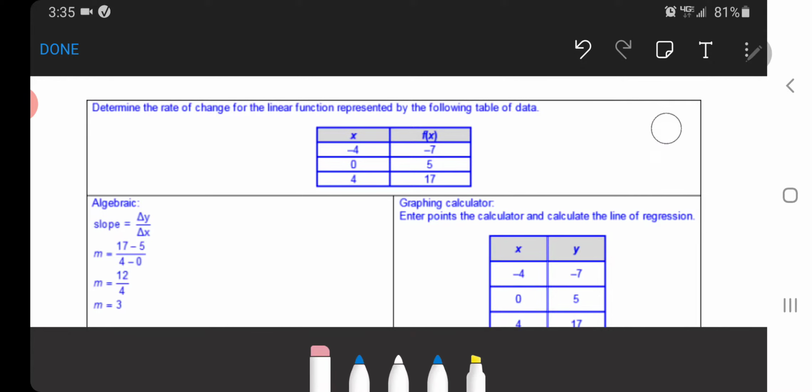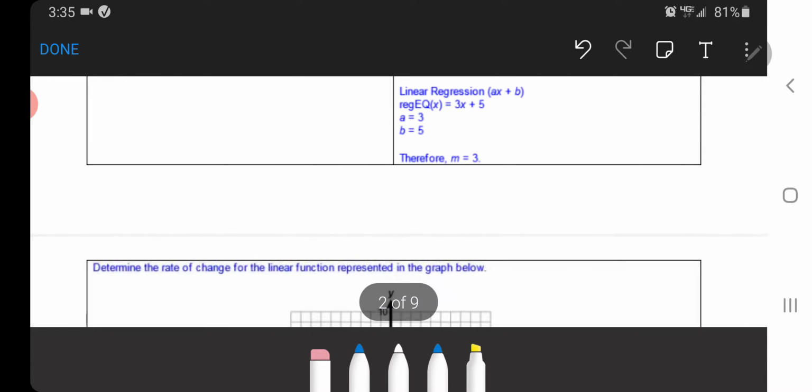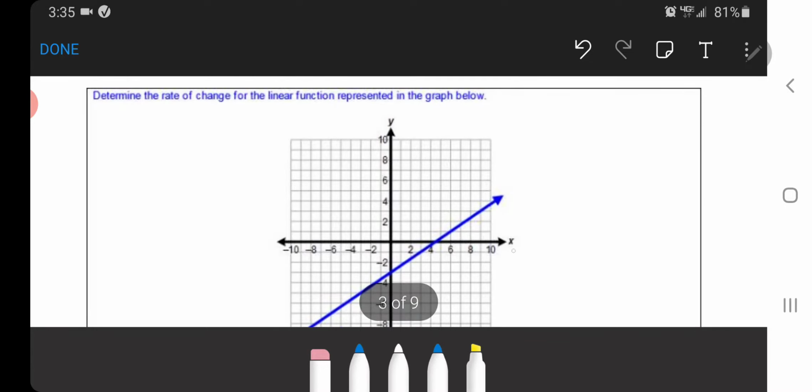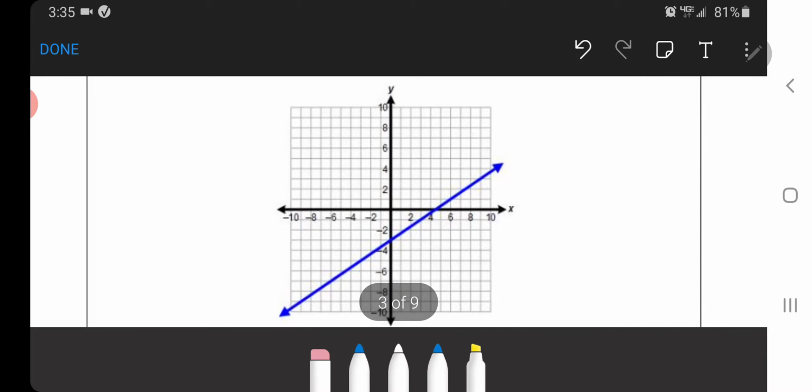Moving on. Like I said, I'll go over more of this when we're doing some of the problems. But real quick, let's look at one more rise over run. We're going to look for 2 good points.